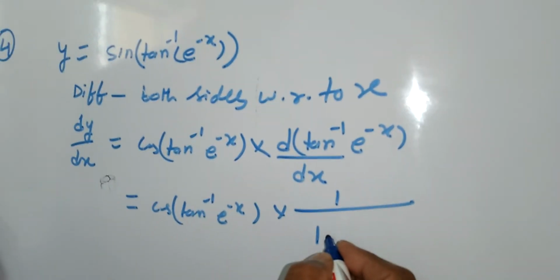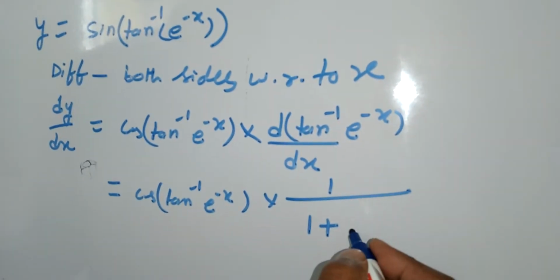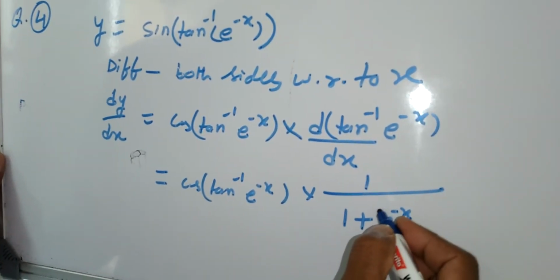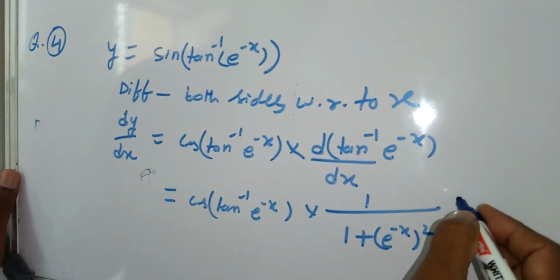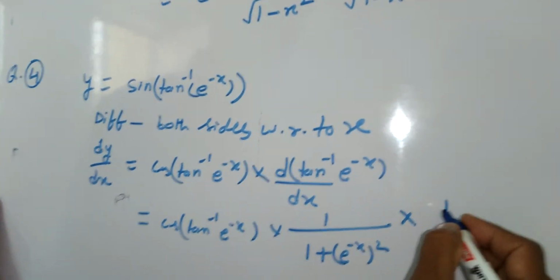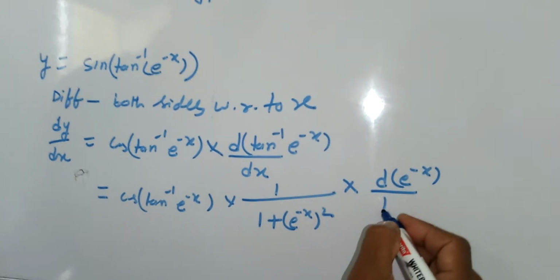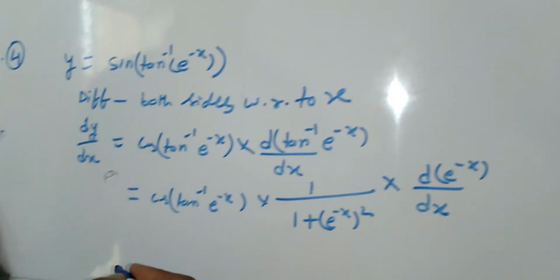So 1 plus e to the power minus x whole square into the derivative of e to the power minus x with respect to x.